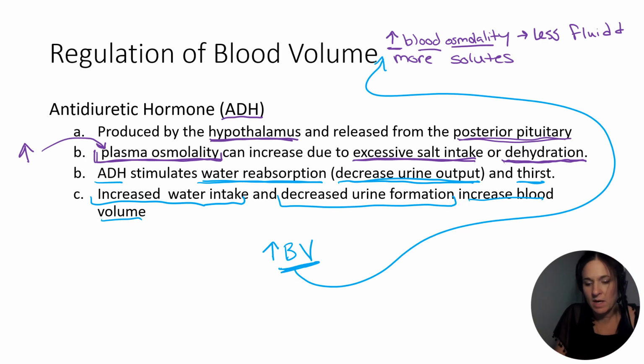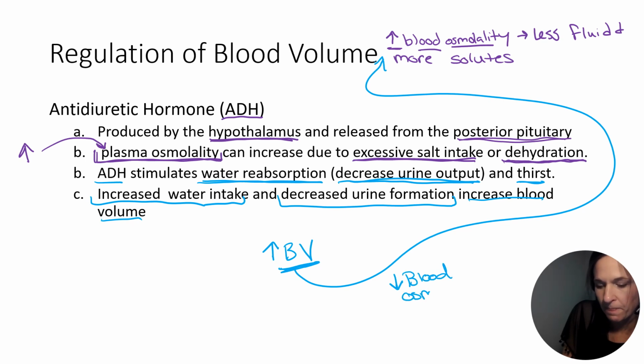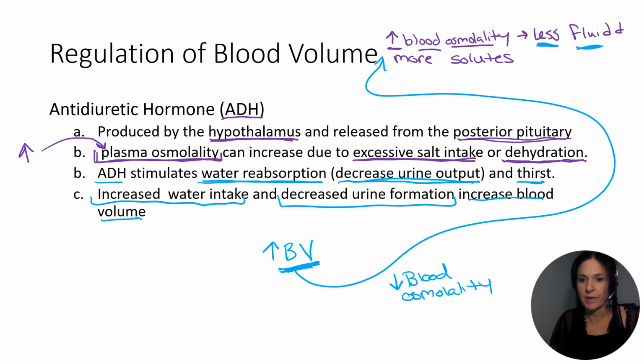Release of antidiuretic hormone is now going to cause a decrease in blood osmolality, so we're going to have more fluid within the blood, an increase in blood volume. So we'll draw it all out and talk about the specifics of antidiuretic hormone. All right, let's draw out our feedback loop regarding antidiuretic hormone. We can go ahead and put antidiuretic hormone up here so we don't forget what we're talking about.